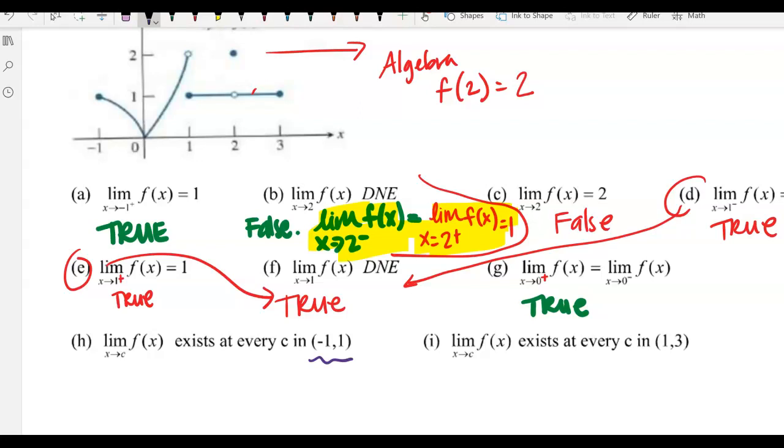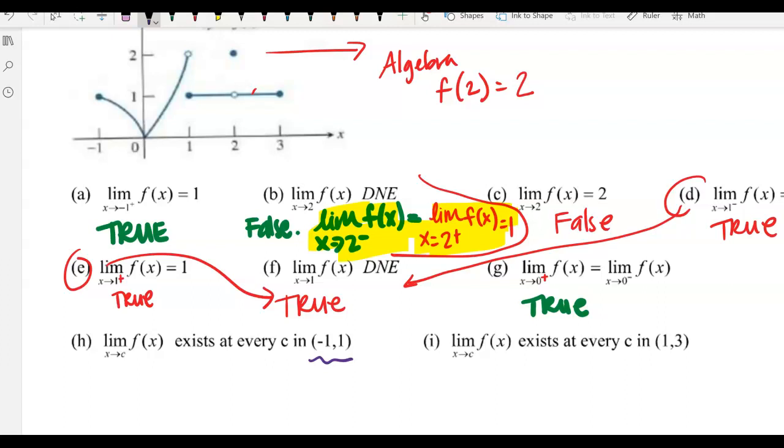Doesn't have a bracket means, do I care about the endpoints at all? No, it can be open. Would you guys agree with that statement? Here's -1. Here's +1. C, x is approaching C. That means C can be anywhere in between here and here and here. Would you guys agree with that statement?